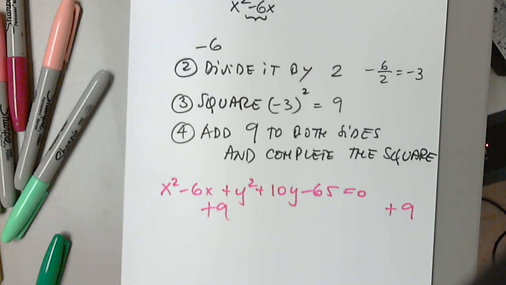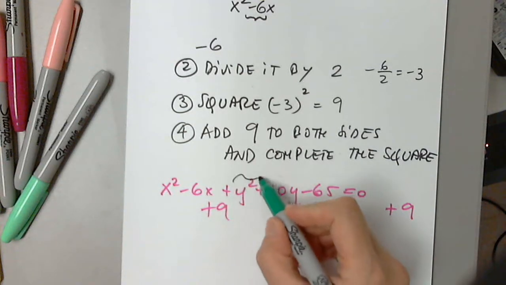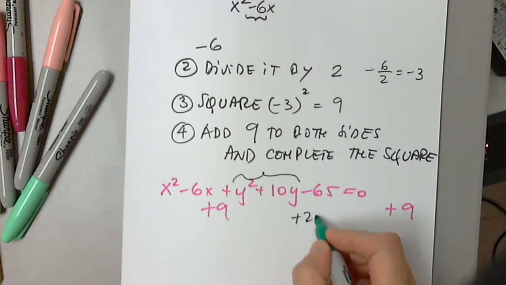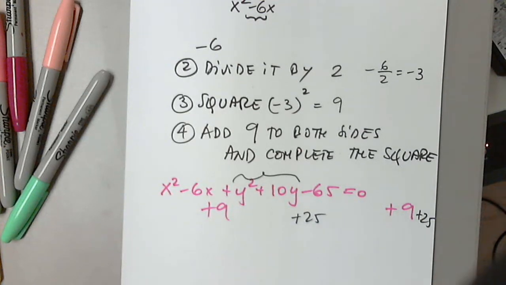It changes the outlook if you want, but not the solutions. So now let's look at these two. Middle coefficient, please. 10 divided by 2. And we square 5. What do we get? Very good. So we're adding 25 to both sides.